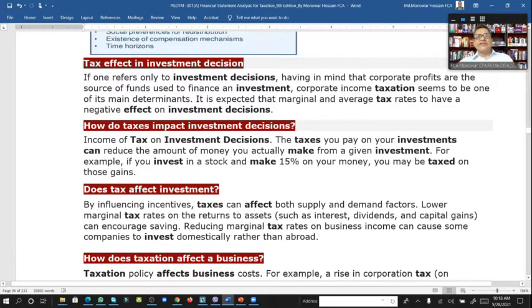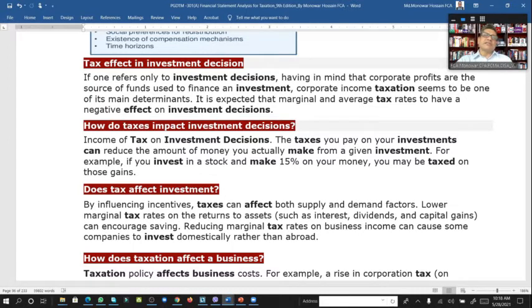Tax effect on investment decision. If one refers only to investment decision, bearing in mind that corporate profit is the source of funds used to finance an investment, corporate income tax seems to be one of the main determinants, because where profit comes, tax also comes.